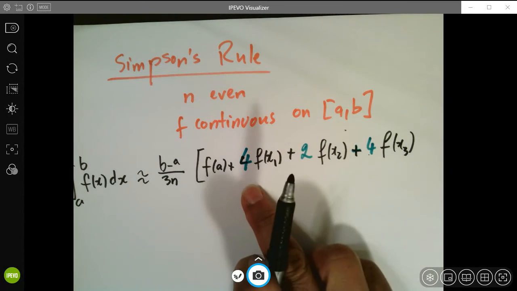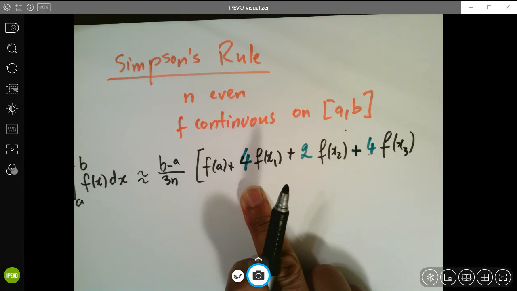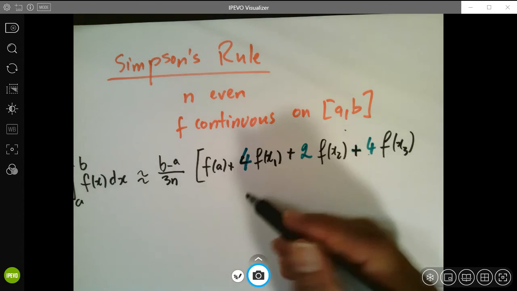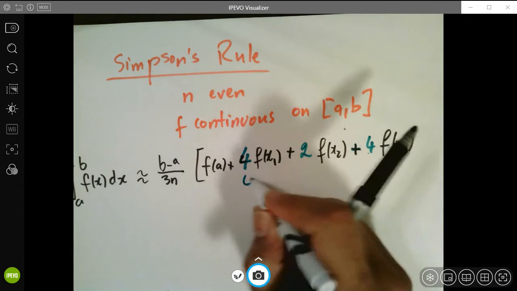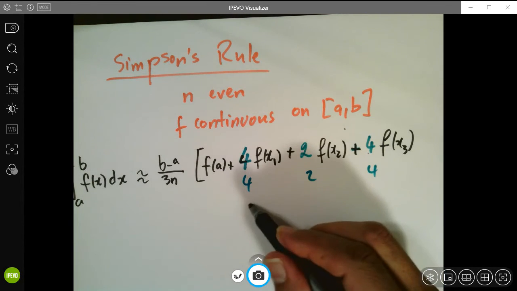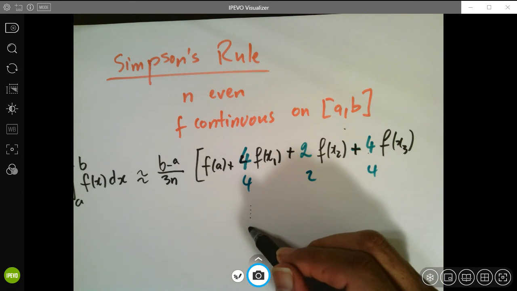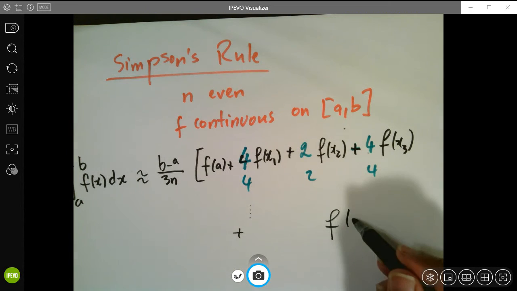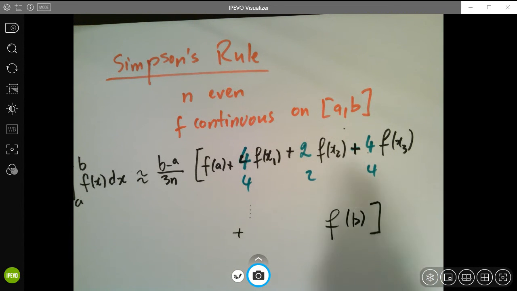You repeat 4, 2, 4, 2, 4. You go all the way to plus, but the last one has to be f of b.